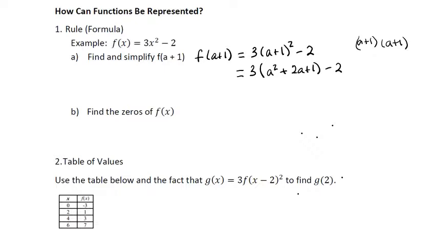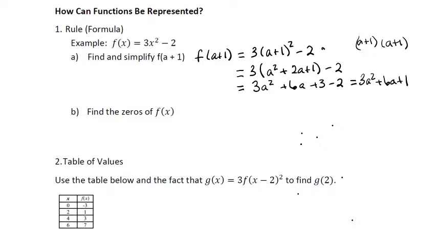Remember, I'm going to do my power first and then my multiplication. Again, just a little bit of algebra review because it's been a while. 3a squared plus 6a plus 3 minus 2. And I end up with 3a squared plus 6a plus 1 as my final simplified answer.